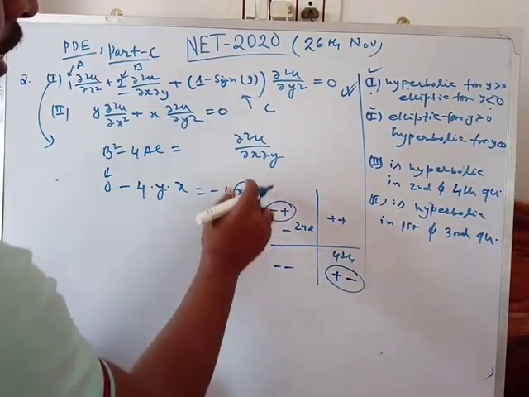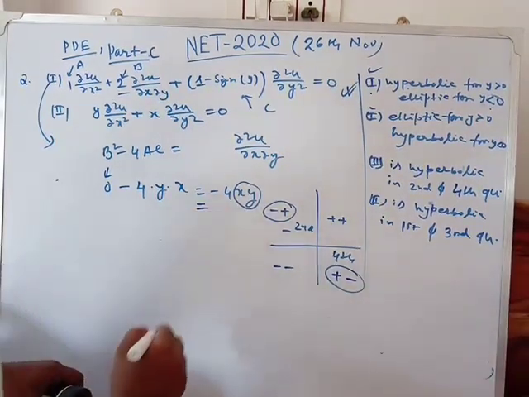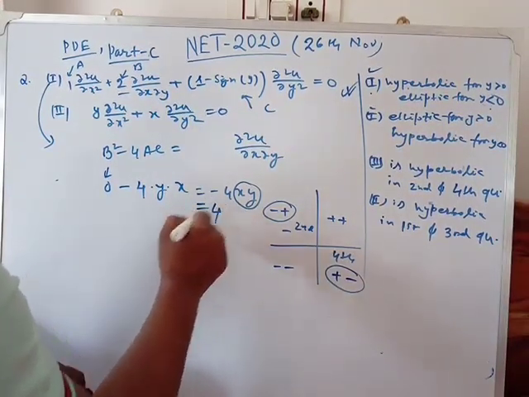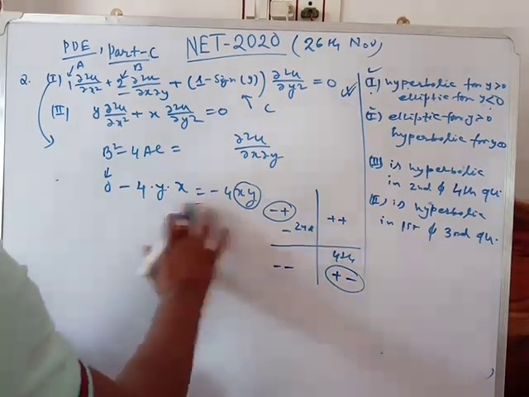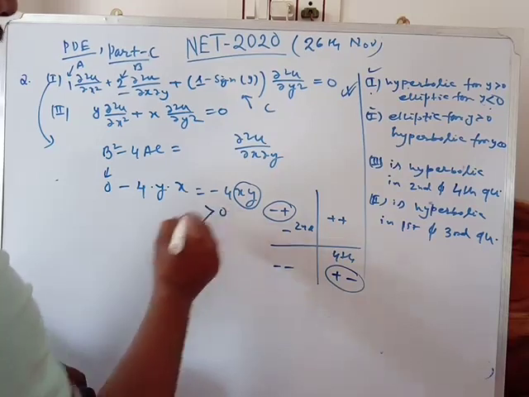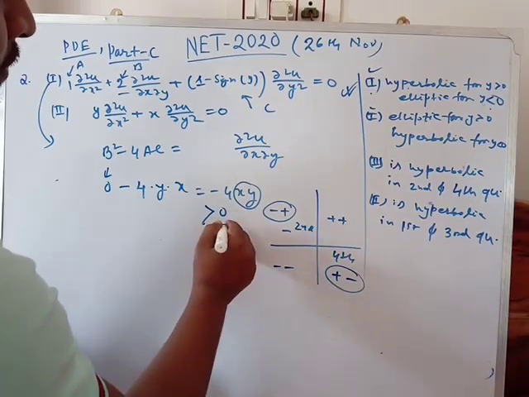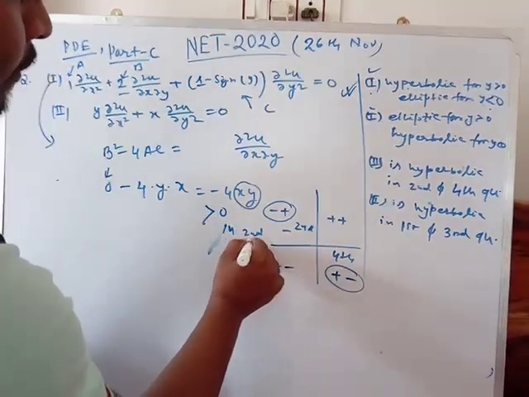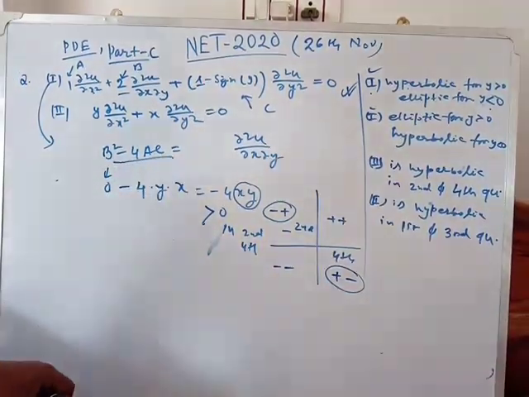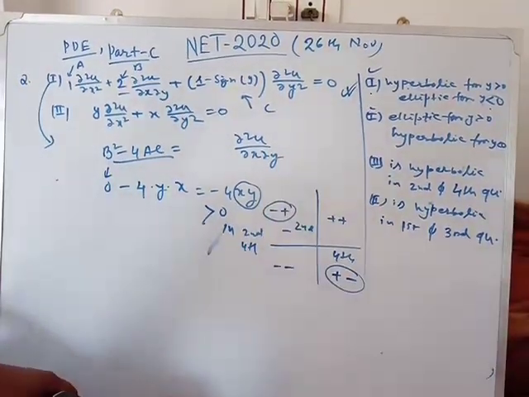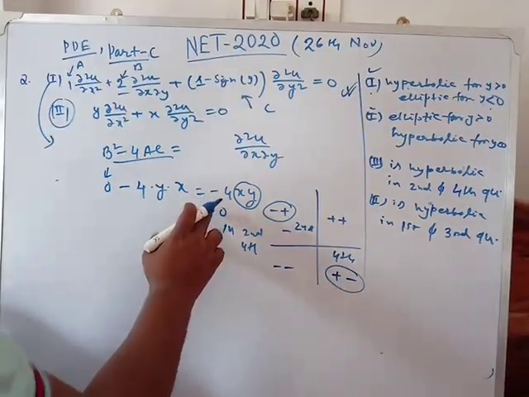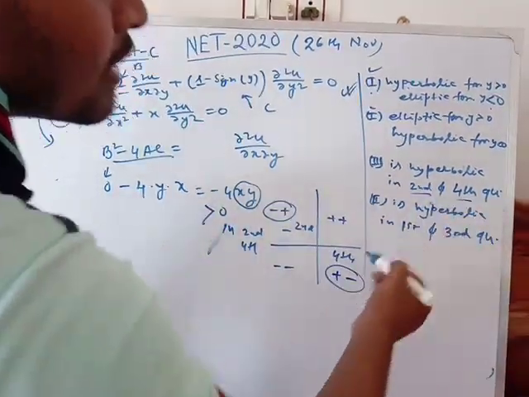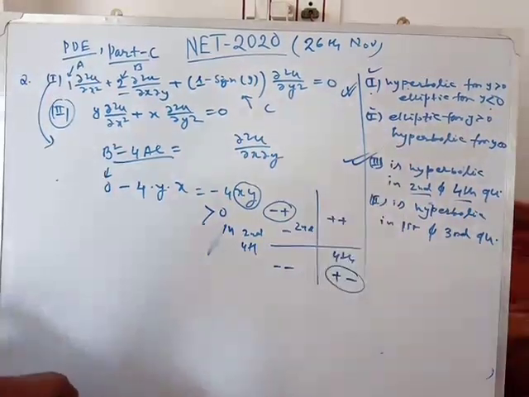So negative, negative, positive, then we get greater than 0 in the second and fourth quadrant. So in these quadrants the second differential equation will be hyperbolic, so second, fourth hyperbolic, so this option will be correct.